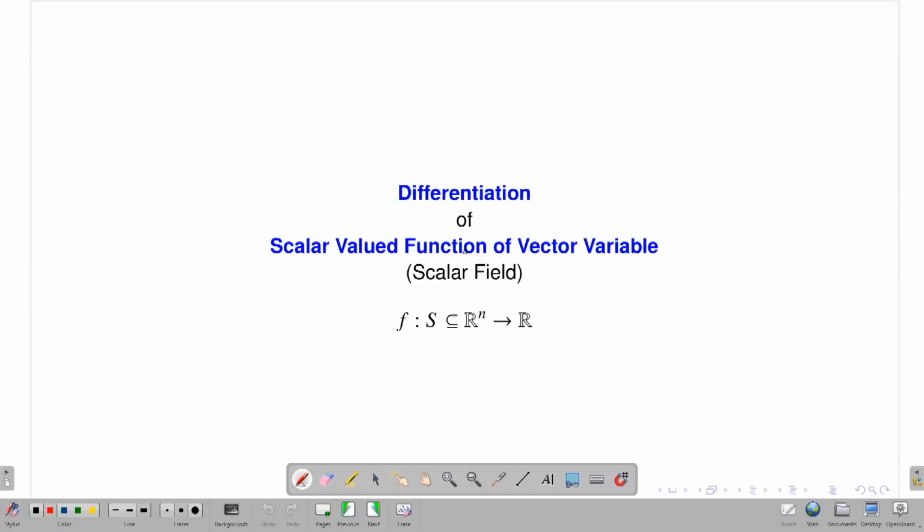Okay. So, till now whatever I have discussed is the notions of partial derivatives and directional derivatives, and whether there are connections between their existence and continuity.